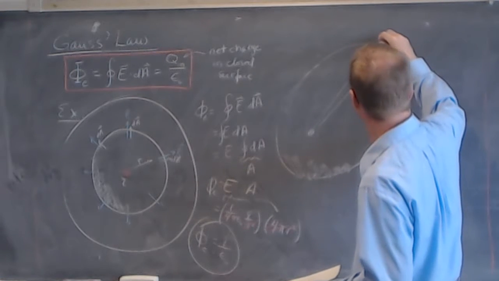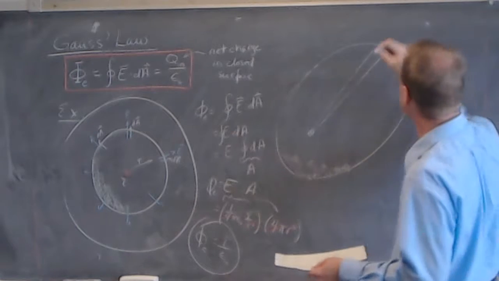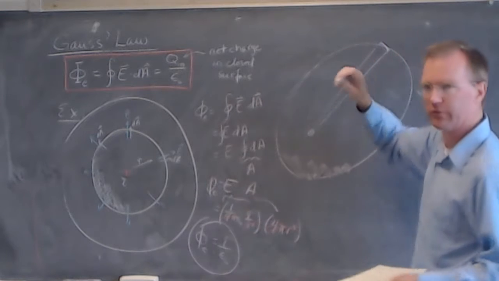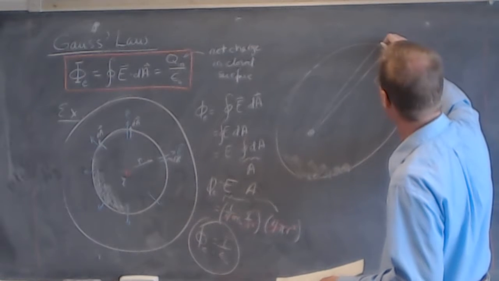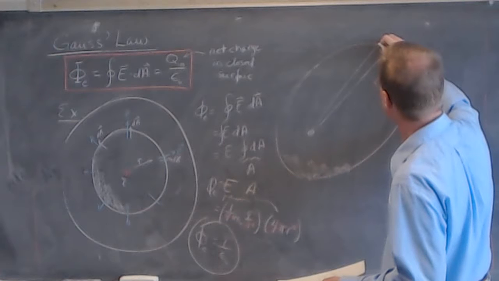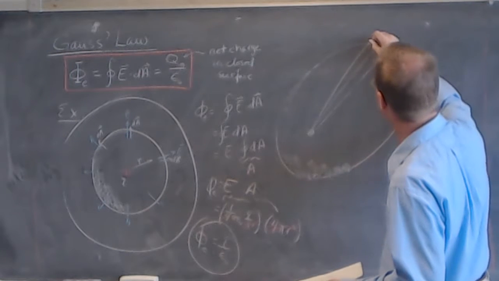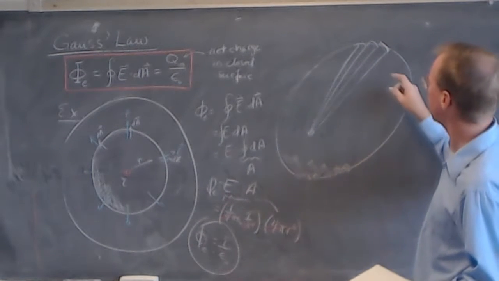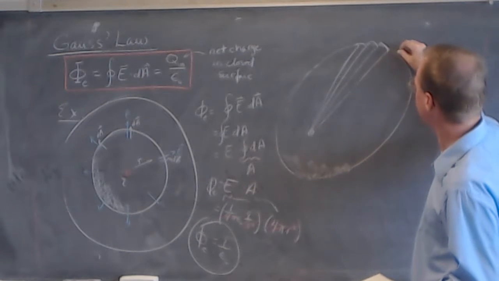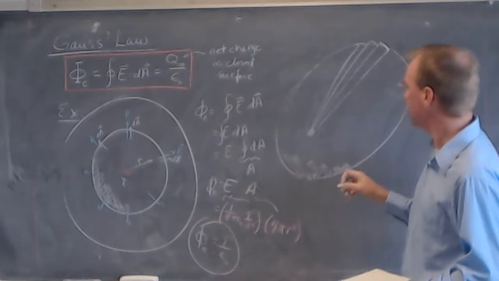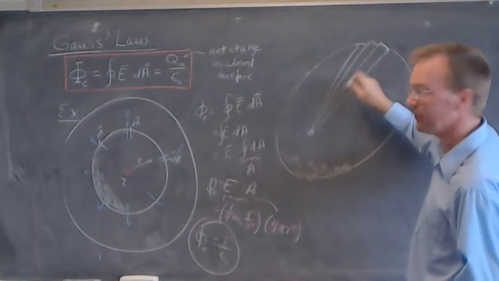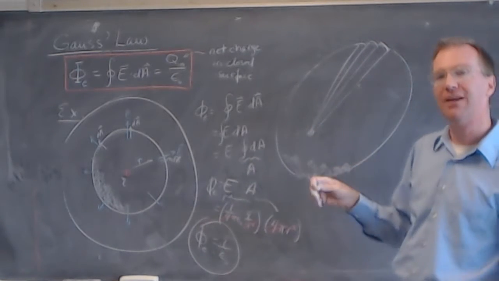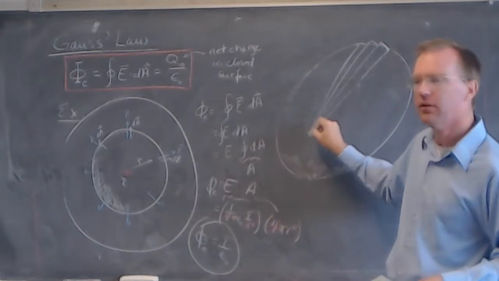I can take a little section there and infinitesimally approximate that little bit as an arc, a section of a sphere. Well, not tangent to this. It goes out and approximates the shape of that curve there. Okay. When I do that then, each one of these is of a different radius, which doesn't matter, but each one of these is a section of a sphere centered on that charge there.